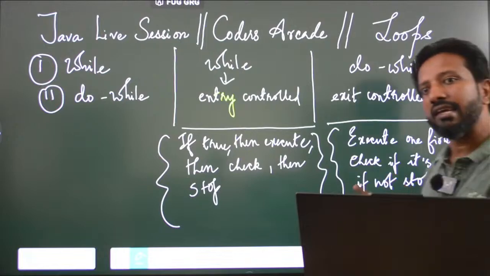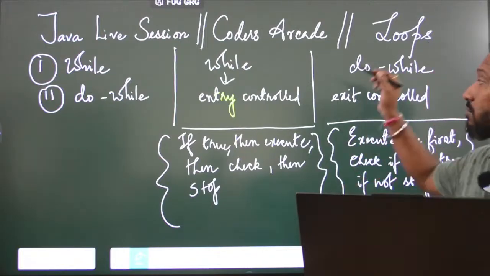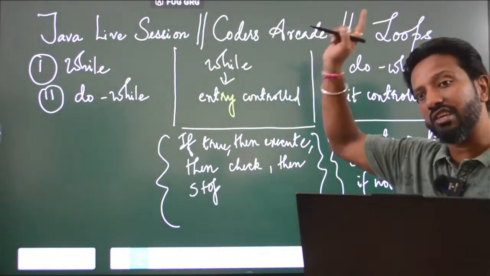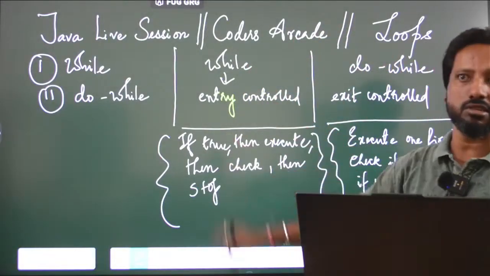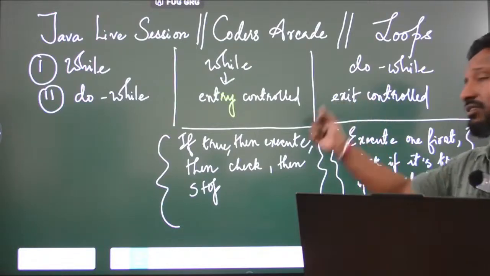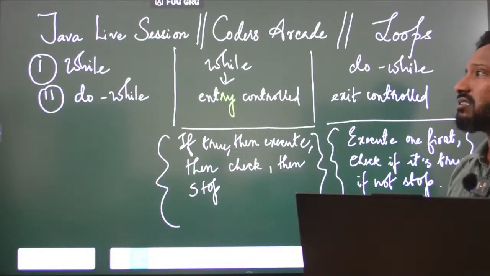This is the criteria for the do while loop. In case of do while, it will execute at least once. In case of while, it will not even execute if the condition is false. That is the most major difference between the while and the do while loops, and we have discussed them properly in the last live session.